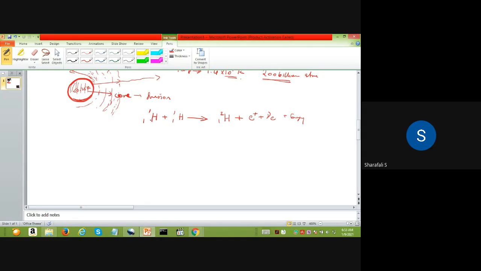Protons are abundant in the sun. So one proton and another proton combine, and one proton becomes a neutron. So we have a neutron plus one positron plus one electron neutrino. Here we basically have one proton and one neutron together, with 2 as the mass number.